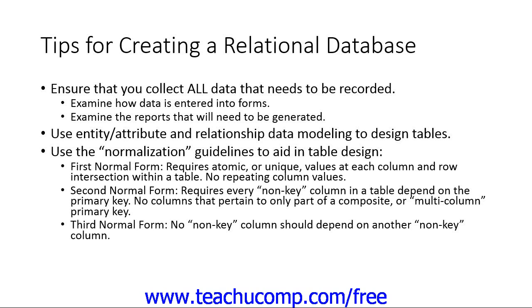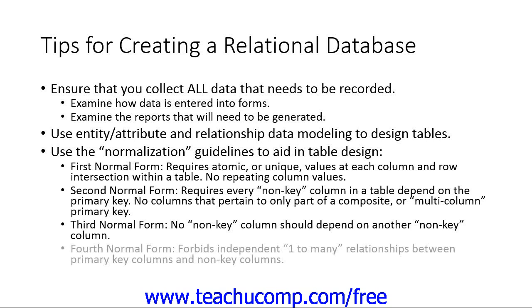This is very similar to the second normal form. It just means that you shouldn't have a field that is an attribute of a non-primary key column within a table. Fourth normal form forbids independent one-to-many relationships between primary key columns and non-key columns in a table.